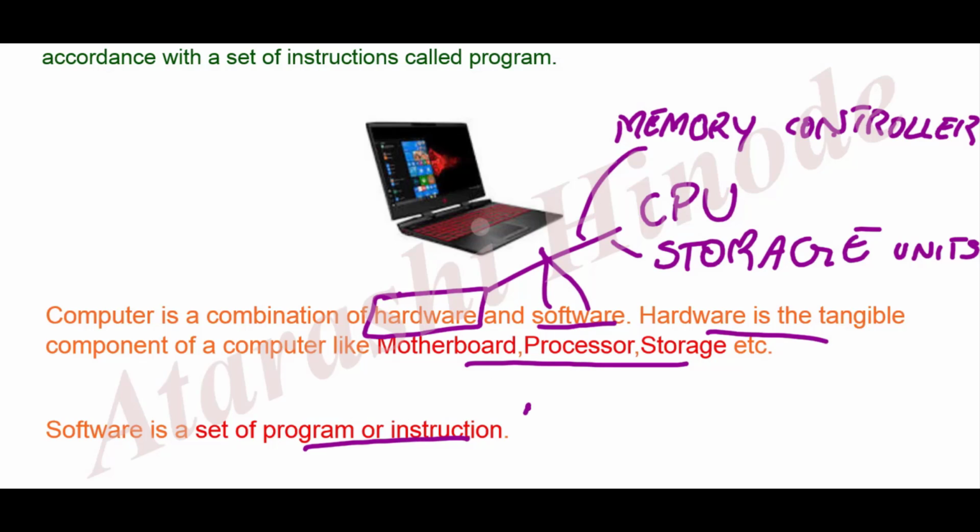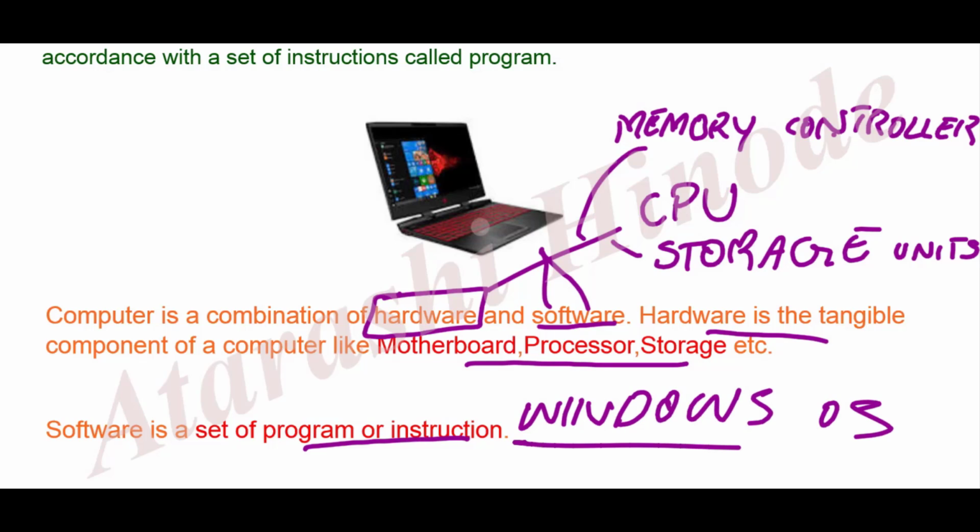Even the Windows operating system, Windows OS, is software. It is software that tells a computer what to do. Even the Mac operating system. All these are examples of software.